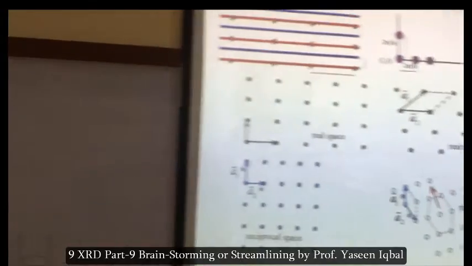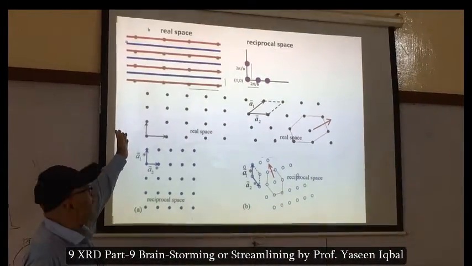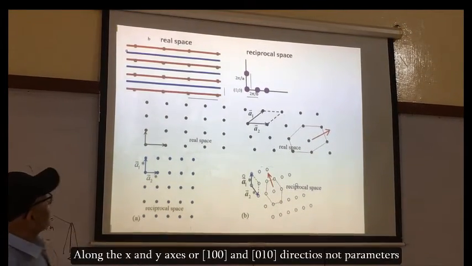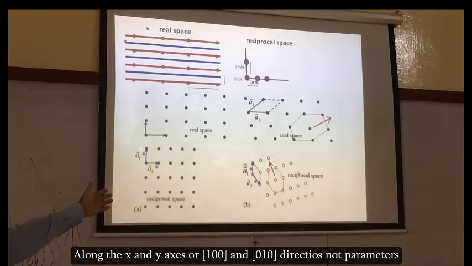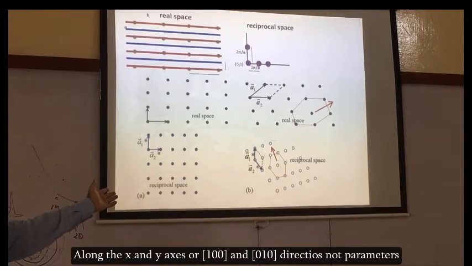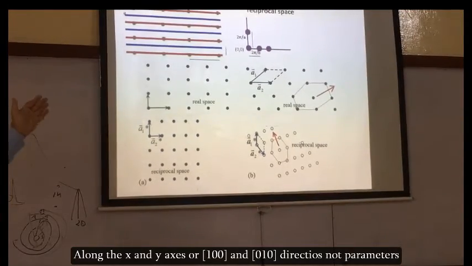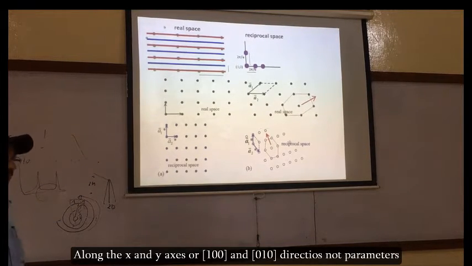I have again shown here that distances are larger in real space, and in the reciprocal space the distances are shorter, and 2 pi by b is the k, as I showed you in the previous slides. And 2 pi by a, 2 pi by b along the a and b lattice parameters.